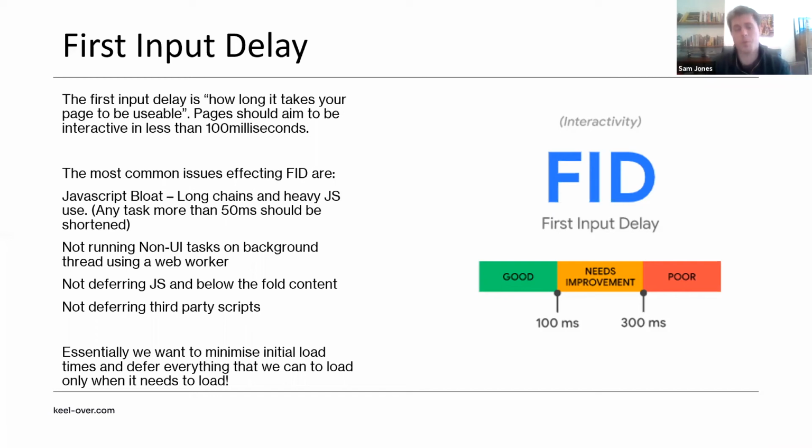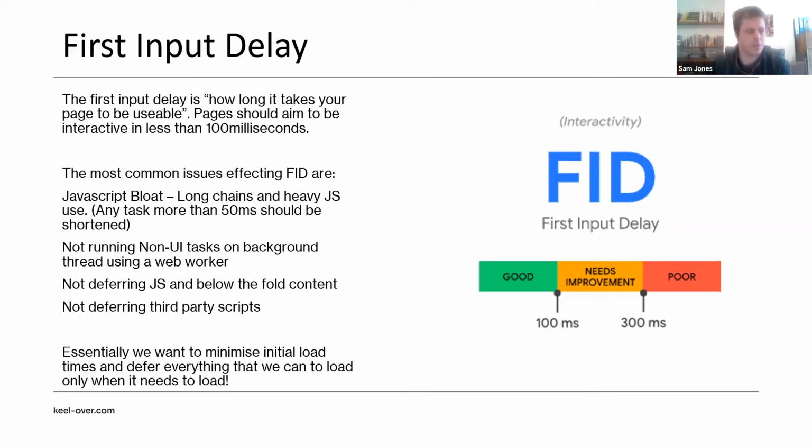And again, we bring in deferring stuff. So just deferring stuff you don't need running with first content paint gets deferred. Below the fold, worker threads, and third-party scripts are a big one.